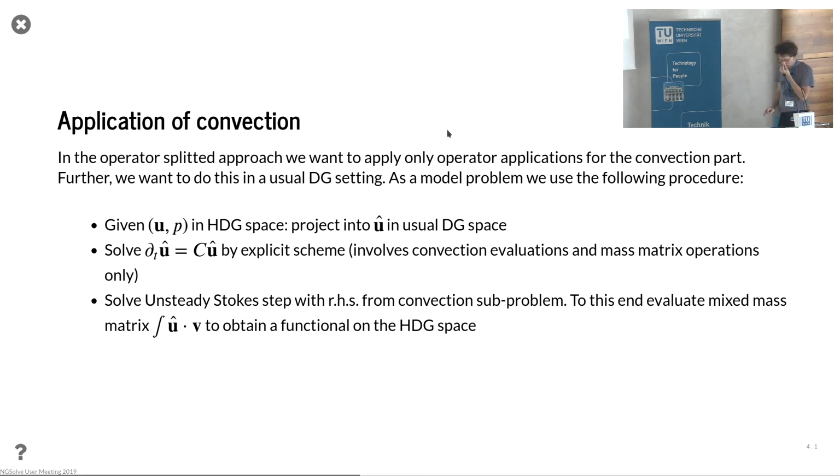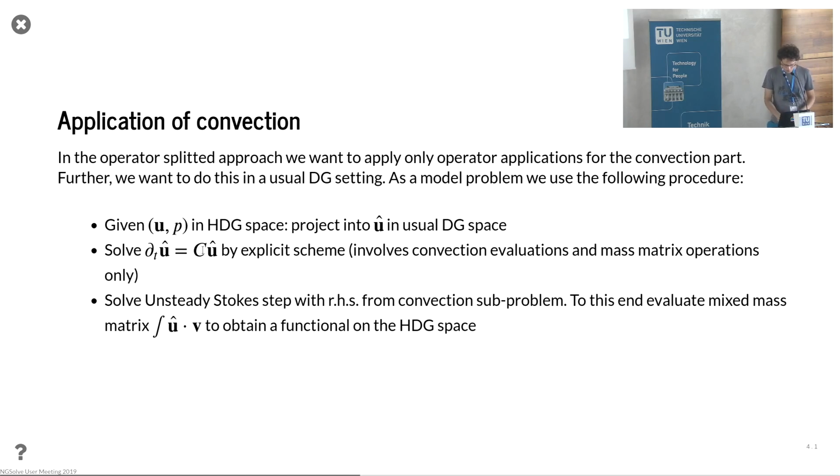And now the question is how to do the time stepping. For that, we wanted to first solve a problem that just involves the convection, so not the Stokes parts. And we want to do this actually on the DG space. So there's no point in doing an HDG discretization for this because it's completely explicit, so we don't have the drawback of additional couplings that we have in HDG methods.